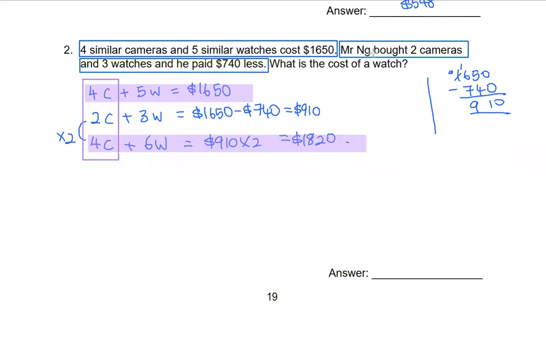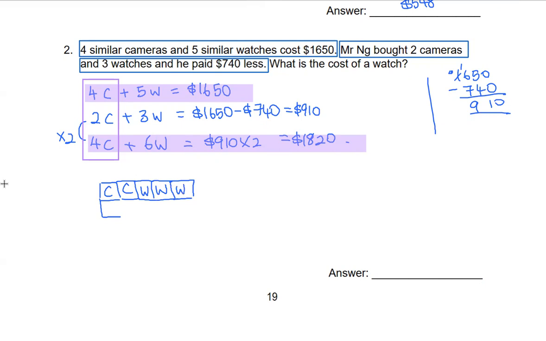All right, so to illustrate this, let me draw a simple model. If I put 4 cameras and 6 watches, which is like that. Initially it's 2 cameras and 3 watches: 1 watch, 2 watch, 3 watch.